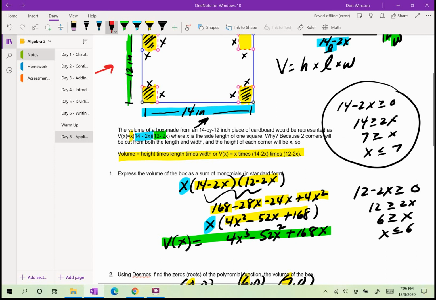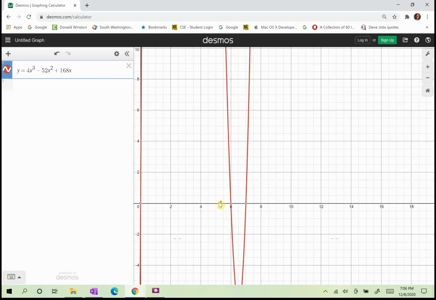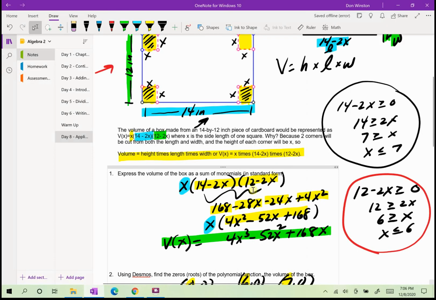This is a limiting value. And again, you see that from the graph. As long as x is less than or equal to 6 but greater than or equal to 0, we have positive values for volume, or the volume is 0, I should say.